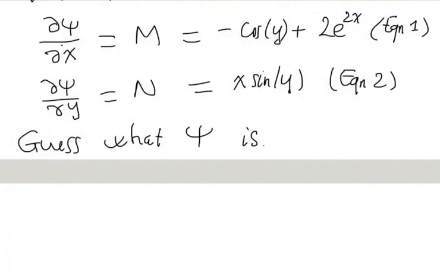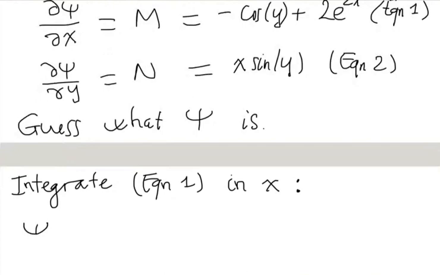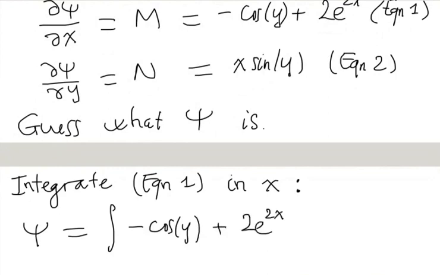Look at the first equation, equation 1. It says that partial psi partial x is whatever is on the right hand side here. So we could integrate equation 1 in the variable x, and I will have psi is the integral of minus cosine y plus 2e to the 2x dx.